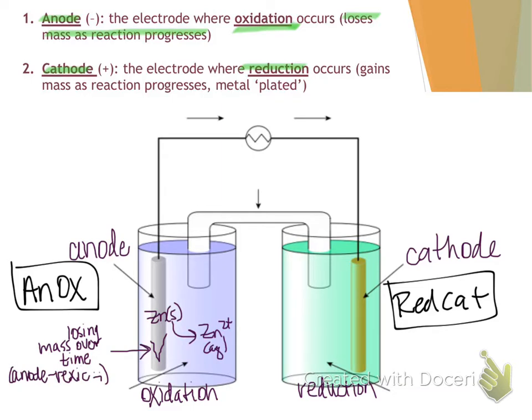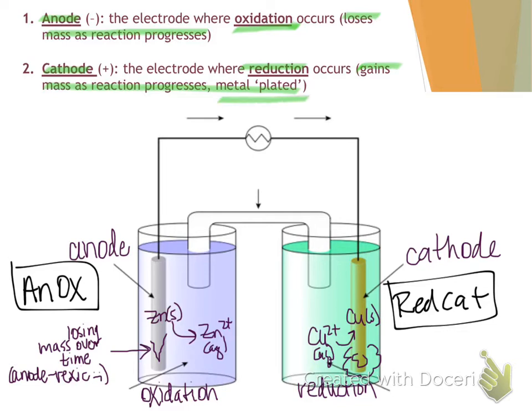So let's go and look at a possible reduction reaction. We can use copper as our possible reduction reaction. Reduction is the gain of electrons. So copper ions in solution are gaining 2 electrons to form copper solid. As those electrons are gained at the cathode and we form that copper solid, our cathode is actually going to be gaining mass as the reaction occurs over time.